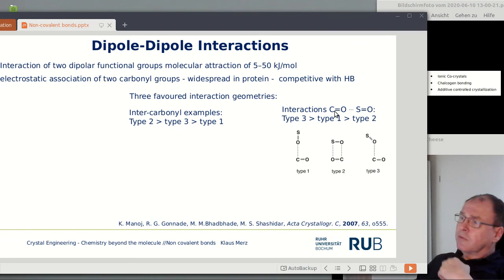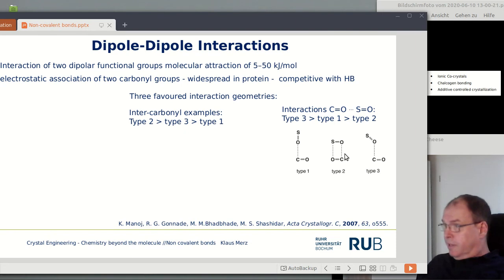So we are looking at CO groups, neighboring groups, two CO groups, or also CO and SO groups, neighboring groups. You will see type 1 here. Here there's an orthogonal, and here you can say the parallel orientation, and here side-on, something like this.